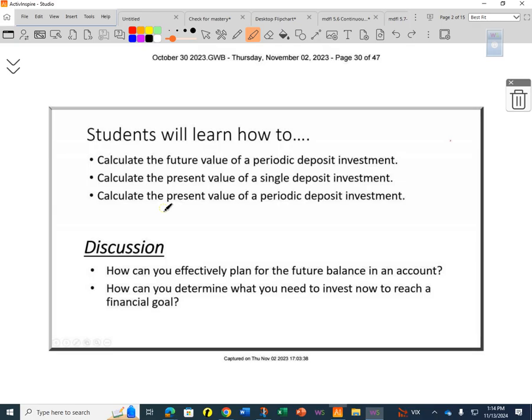Today we're going to learn how to use a formula that, instead of having just one amount that we deposit, lets us decide to deposit $100 a month, or $100 a quarter, or $1,000 a year. It's the same amount at periodic intervals.